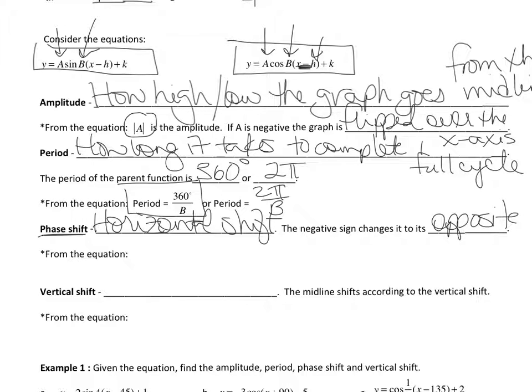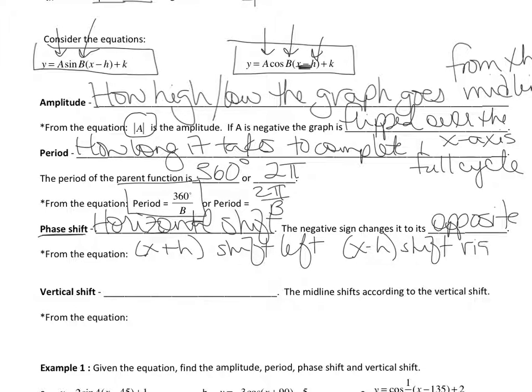So whatever is in the parentheses with the x gets changed to its opposite. So if you see x plus h, that's a shift to the left. And when you see x minus h, that is a shift to the right. So the opposite of what the sign looks like.